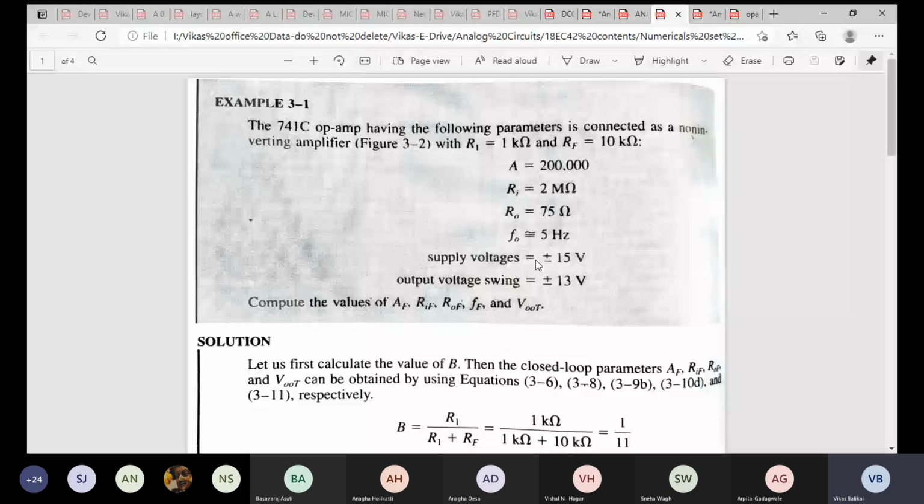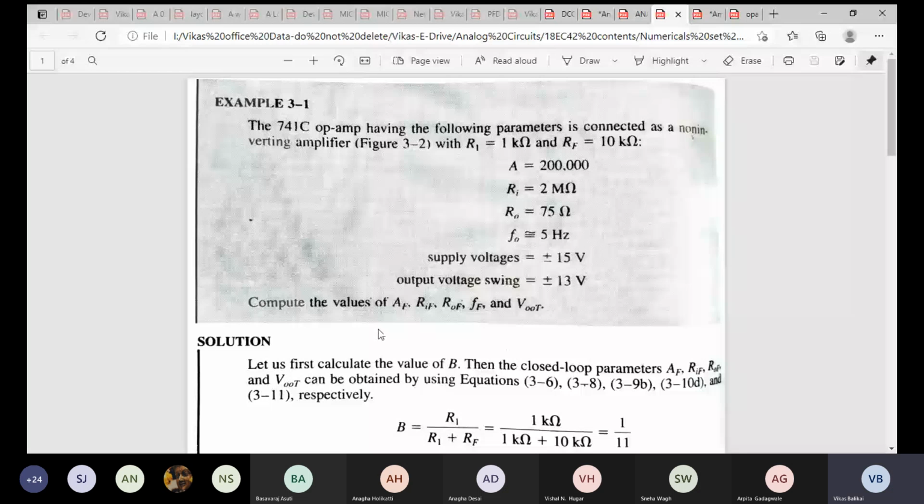On top of that, there is one more parameter that will be mentioned, that is the output voltage swing. It does not amplify exactly up to 15 volts, it amplifies slightly less, and that is my output voltage swing. So it can amplify up to a maximum of minus 13 to plus 13 volts, or 26 volts peak to peak.